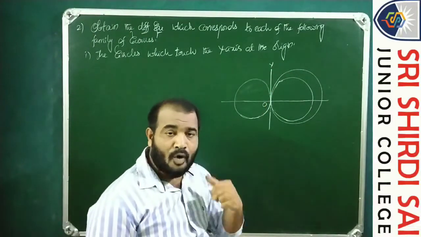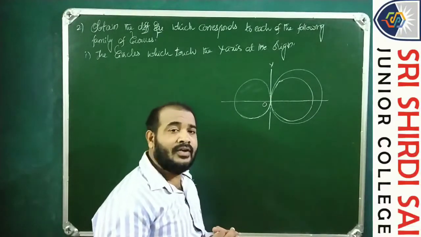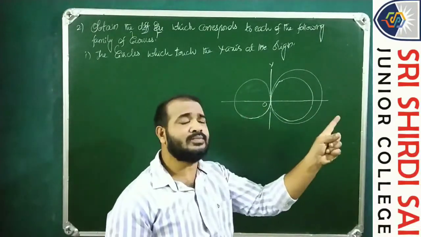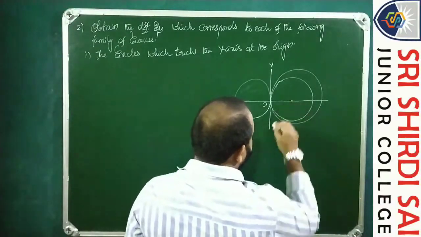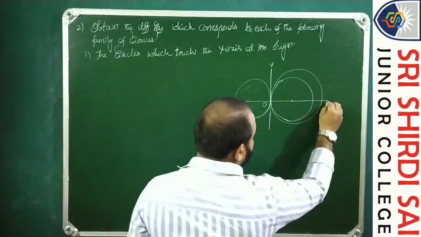In the properties of circles, we have learned that the normal always passes through the center of the circle. So therefore this is the center, and this is the normal.